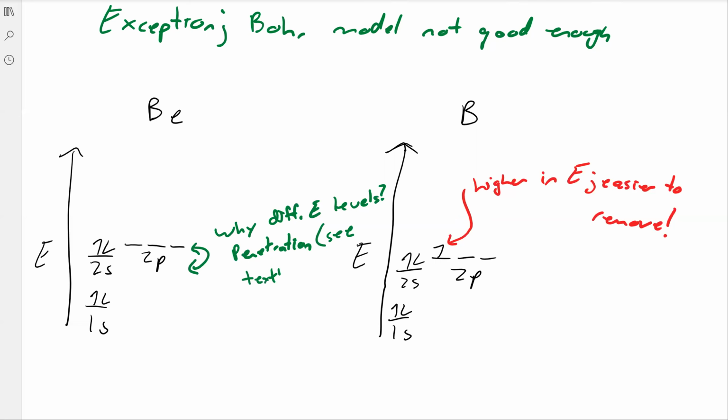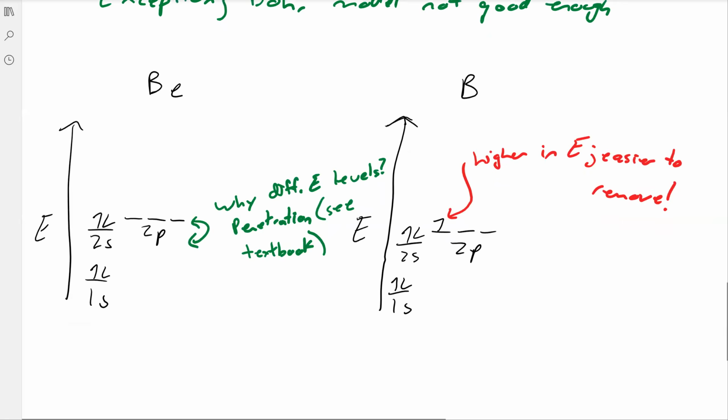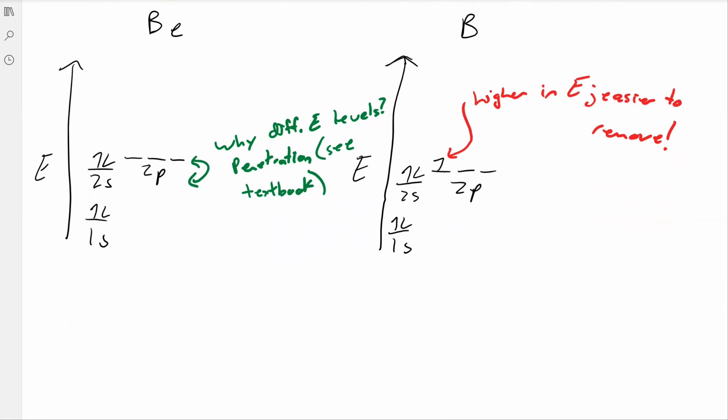It's not that important of a topic, but it explains why our 2s and our 2p orbitals are not in the same energy range. And generally, the higher something is in energy, the less stable it is, the easier it is to remove. So even though we've got an exception to our trend, with the power of quantum mechanics, it should make sense.